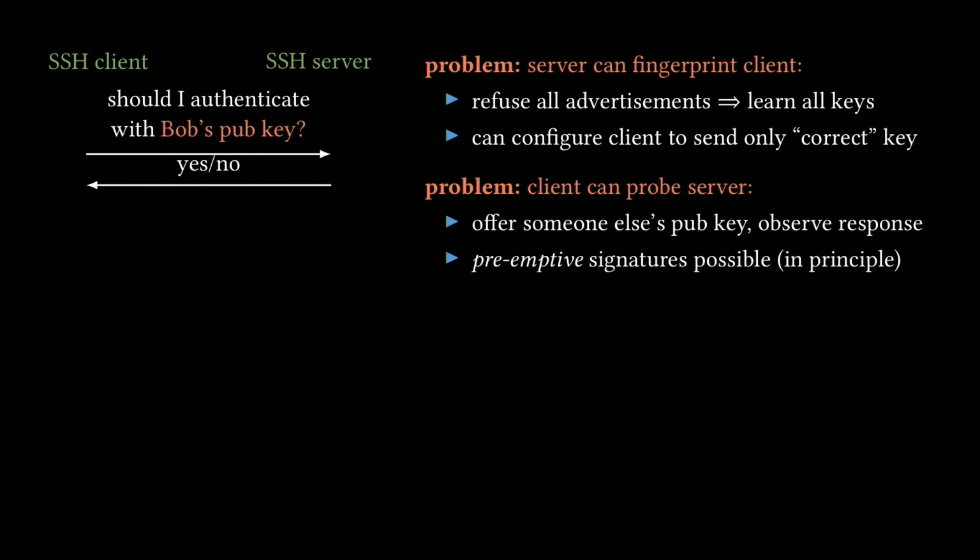So another problem, just switching things around a bit, is that the client can offer somebody else's public key. So the client can offer a key for which it doesn't know the secret key. And then it can observe whether the server is happy with that key or not. So the client can kind of probe the server to see whether it is familiar with a certain public key. It's possible in principle that you can avoid this in the SSH protocol.